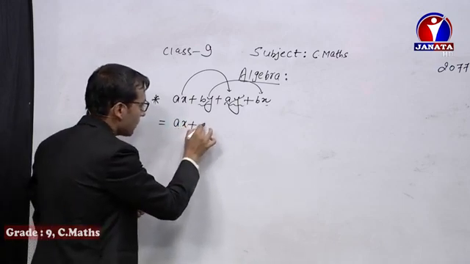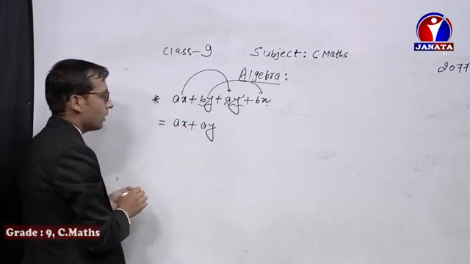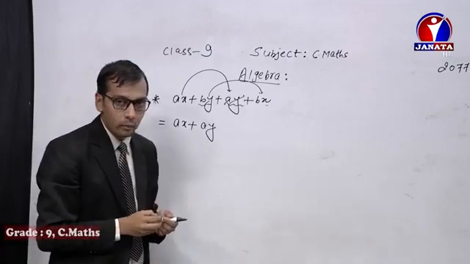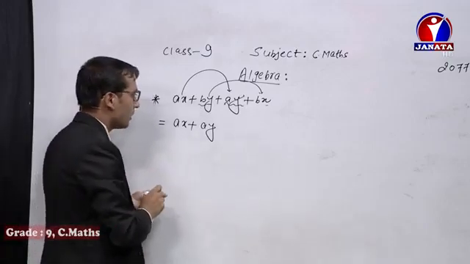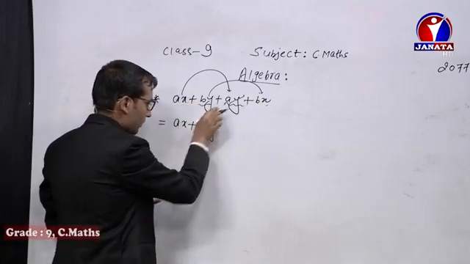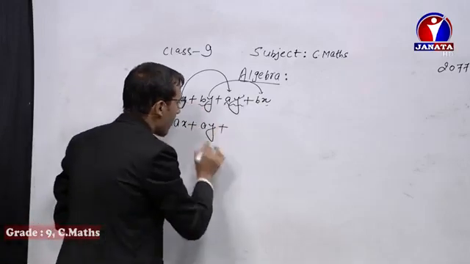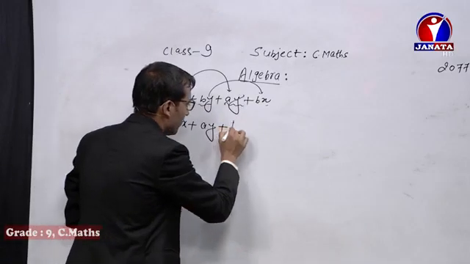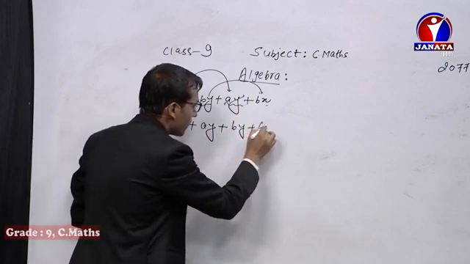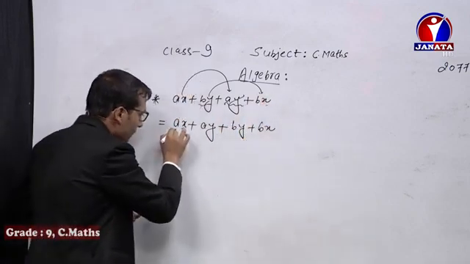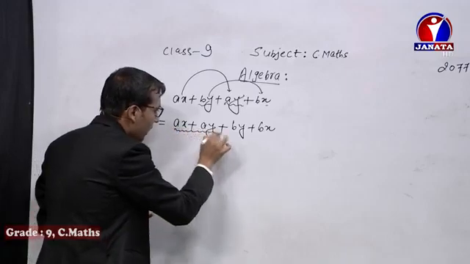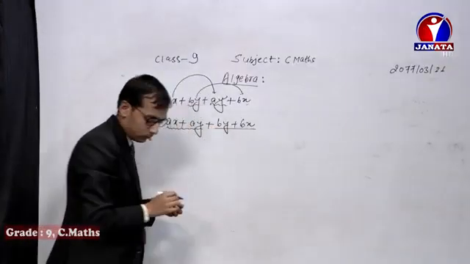Ax plus ay. Here I am rewriting the expression by rearranging the terms. First and third terms I am keeping together, plus second and fourth, by plus bx. Let's say this is one group, and this is another group.